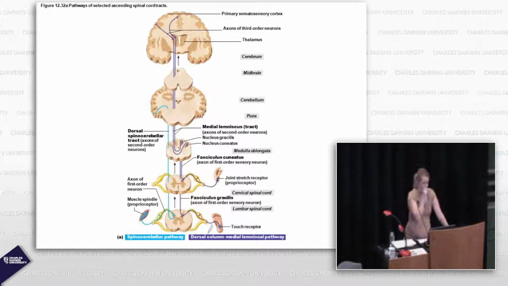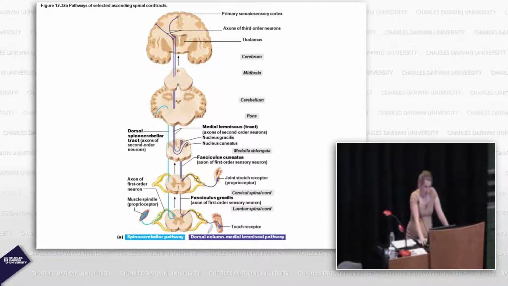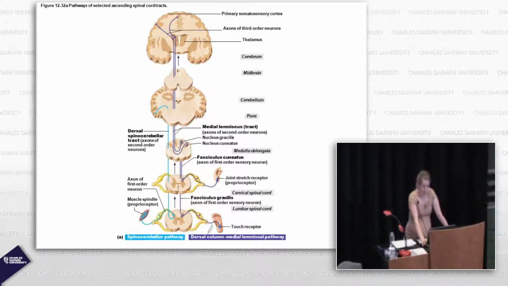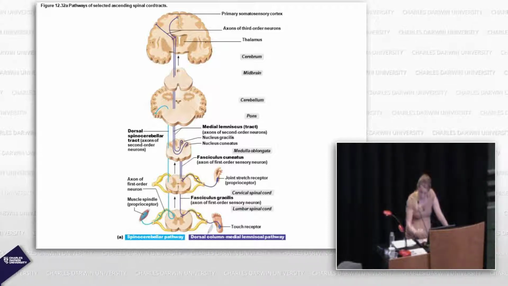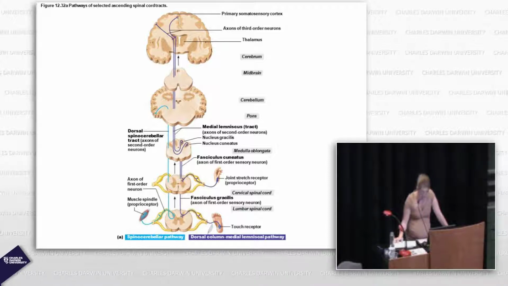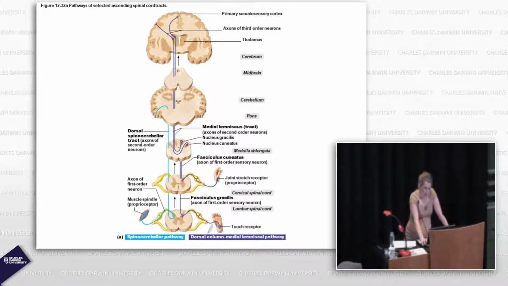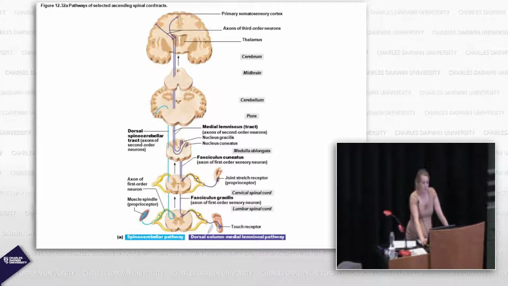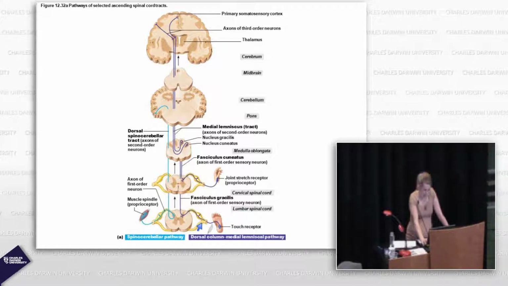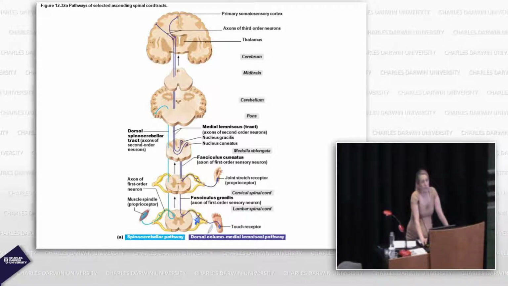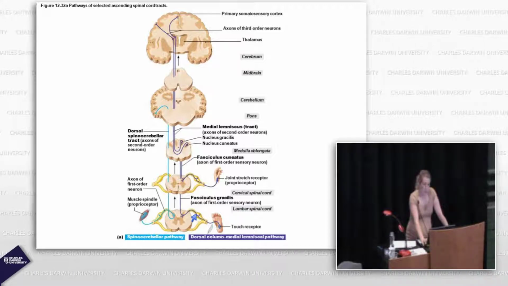We'll start with the dorsal column pathway. In this one, we've got the first order sensory neuron. We've got a touch receptor in the foot here, and that travels into the dorsal root ganglion of the spinal cord, and then into the dorsal horn of the grey matter.